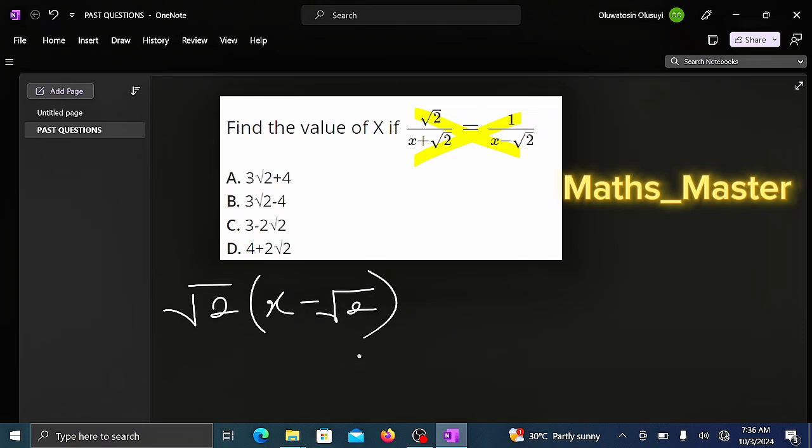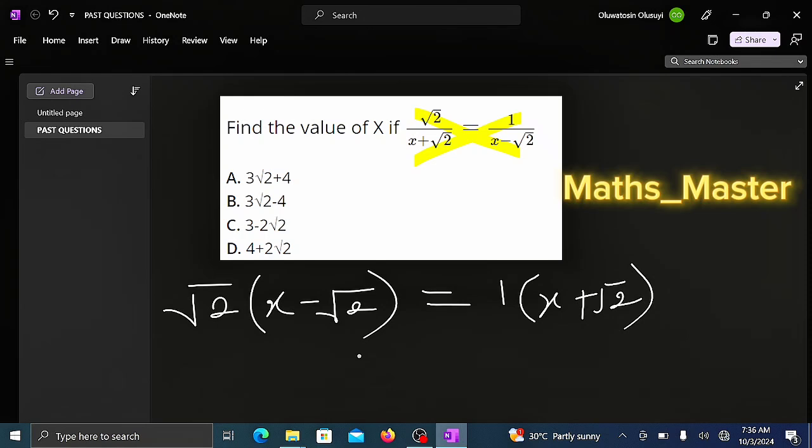Good. So that can be equated to 1, open a bracket, x plus root 2. So open up the bracket, expand, collect like terms, simplify, and that settles it. So let's keep going.